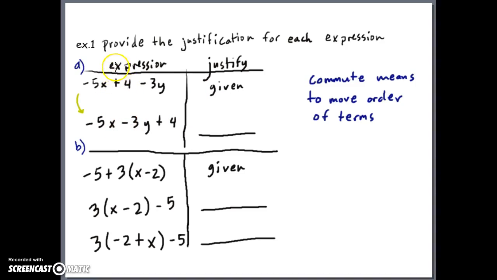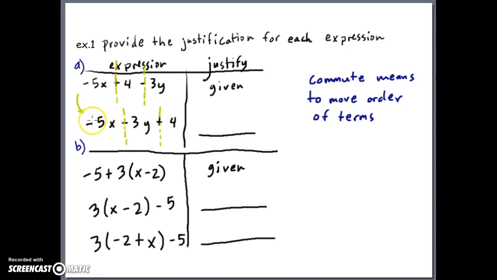And the reason here is the commutative property of addition, because you can see we've got negative 5x plus 4 minus 3y. So we've got 3 terms. In the second expression, we also have 3 terms, but the order of those 3 terms has changed.